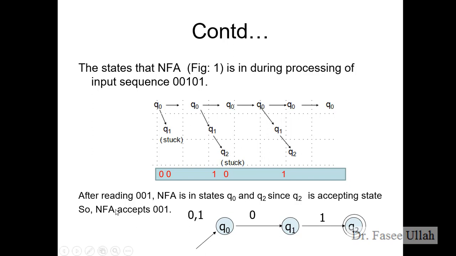Okay, after reading 001, the NFA is in states Q0 and Q2. Since Q2 is an accepting state, the NFA accepts 001. So this is why: 001 means 0, 0 from here, 0 from here, and 1. This is why 001. So this is a complete internal processing diagram for NFA.